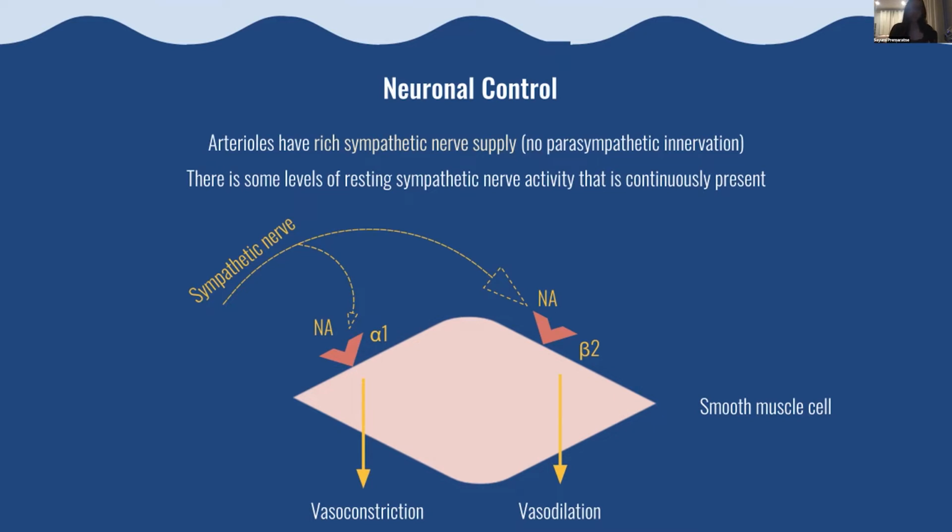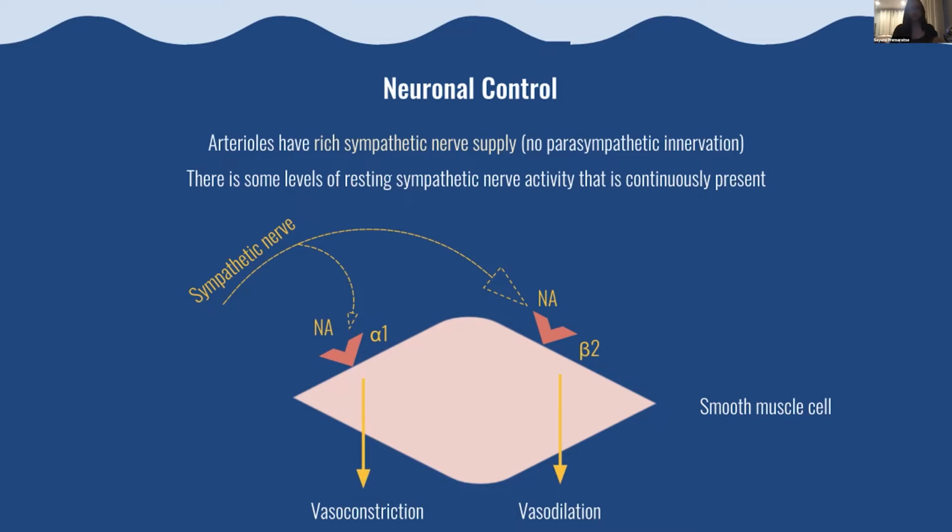So you're probably familiar with the different types of adrenergic receptors. So the alpha-1, alpha-2, beta-1, beta-2, beta-3. So on your smooth muscle cells that are around your arterioles, you have either alpha-1 or beta-2 receptors.